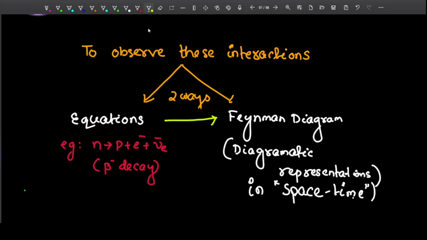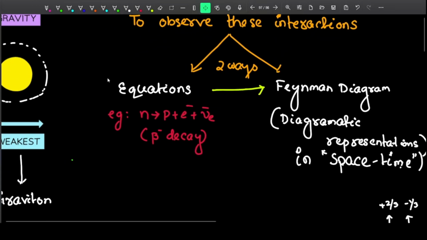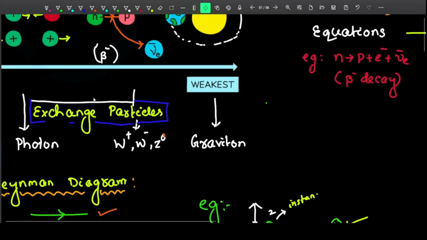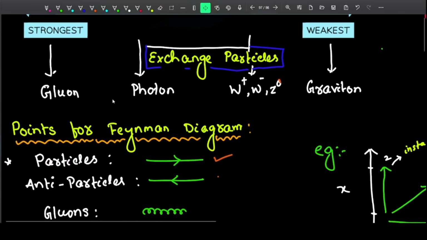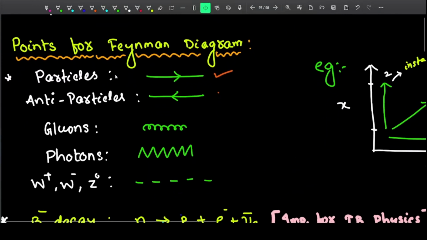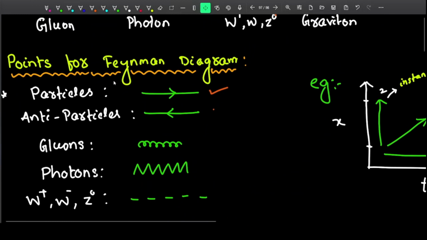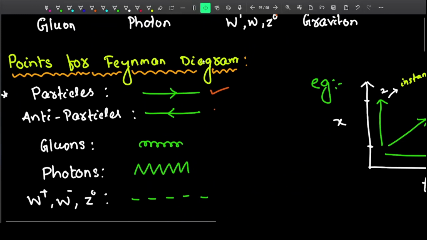Now, without going into much detail on this concept, let us understand these Feynman diagrams via some important examples. And let me remind you that you have to follow certain rules before drawing the Feynman diagrams for different reactions.